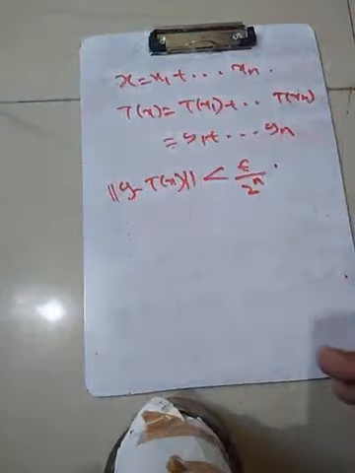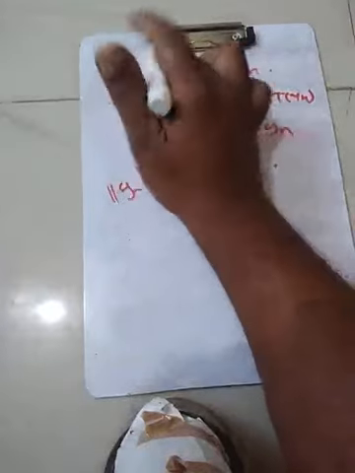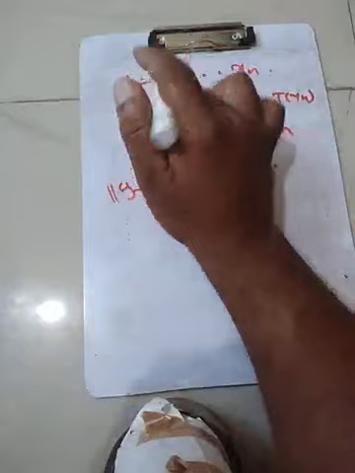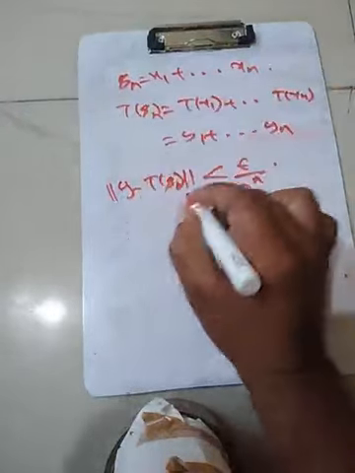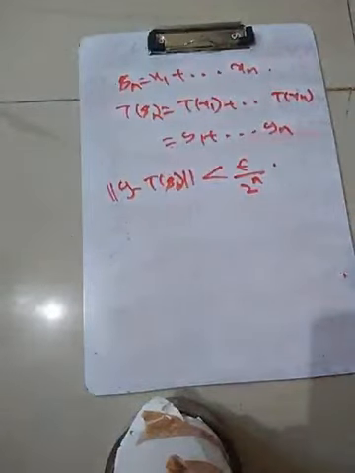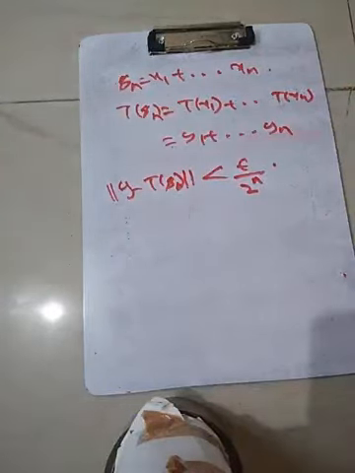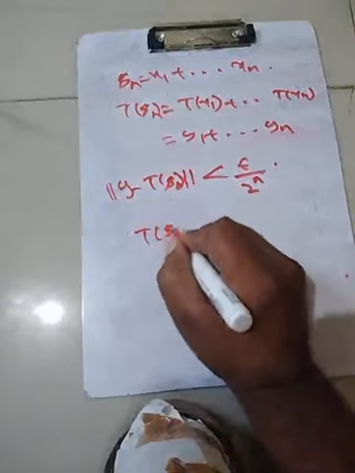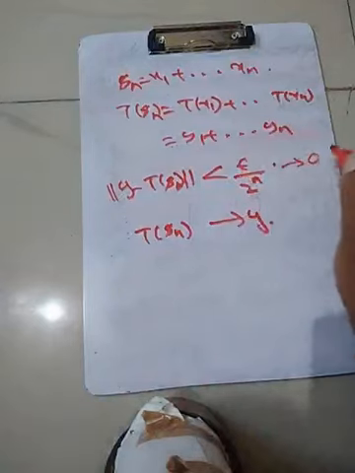Let's call the sum of the n terms Sn, the partial sum of the series. So T of Sn: as n tends to infinity, we can clearly see that the sequence T of Sn converges to y, as epsilon upon 2 raised to n tends to 0.